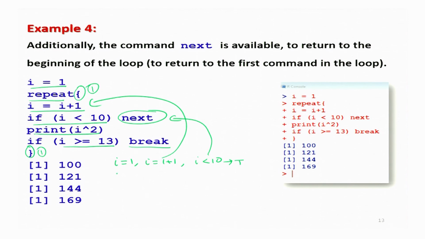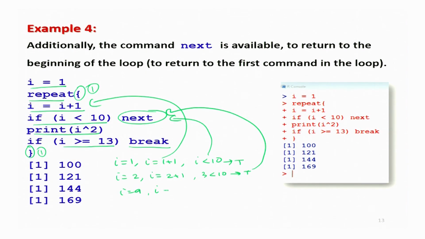Then now I equal to 2, and once again the new I will become 2 plus 1, which is equal to 3, and 3 is less than 10. Yes, this is true. So, once again it will say next, and it will keep on doing this up to I equal to 9.